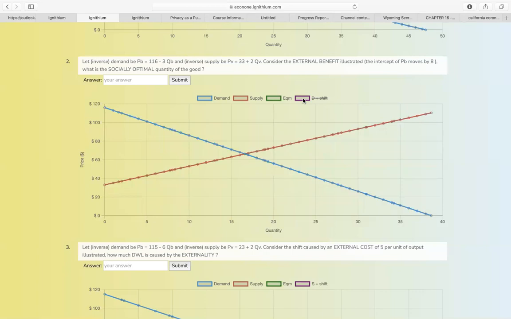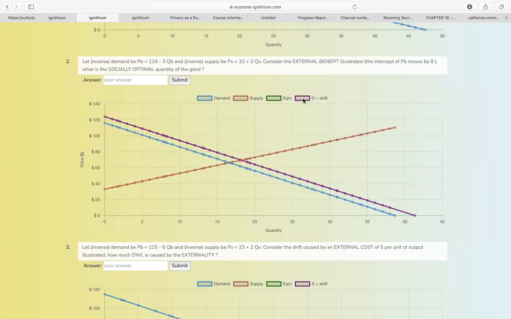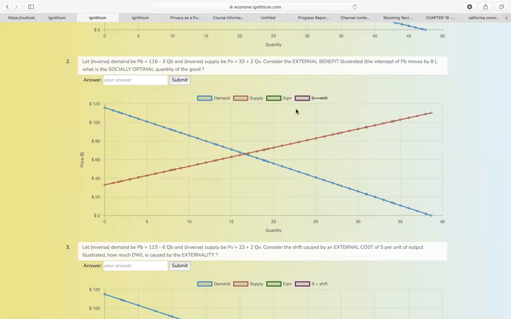But because other people benefit too, we add that external benefit to the willingness to pay of the private party, and we get a total social benefit curve here. And then what we can see is that private parties, only considering themselves, the vaccine demand would stop here at 16.6 units.